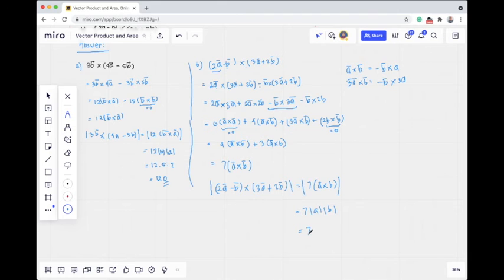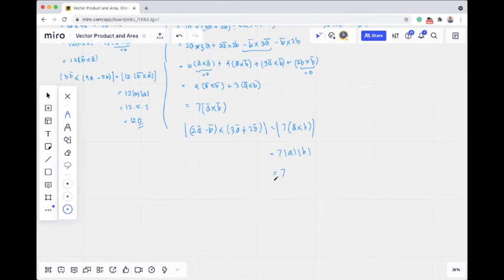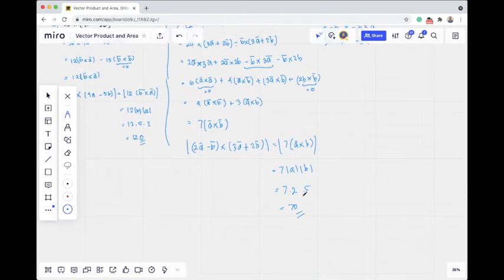Magnitude of a is 2 and b is 5, so 2 times 5, so the result is 70.